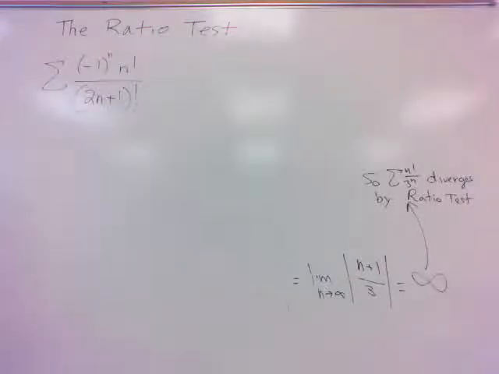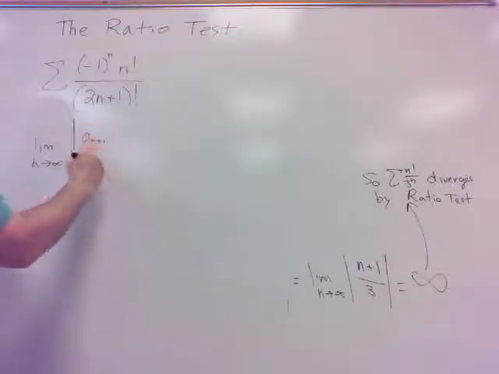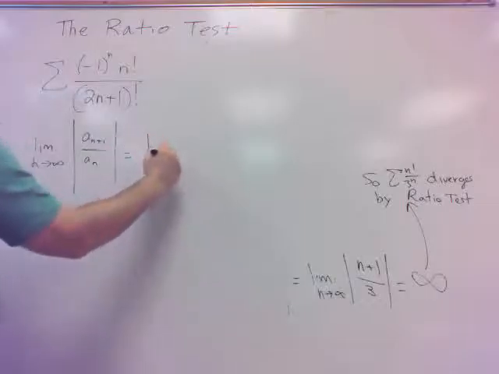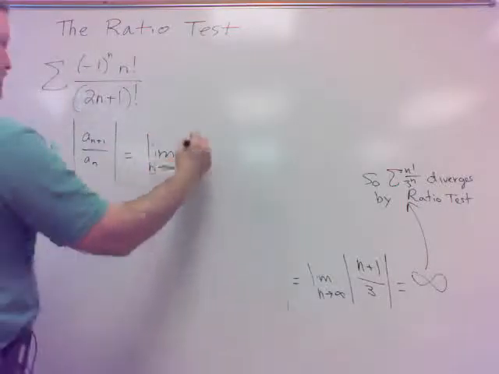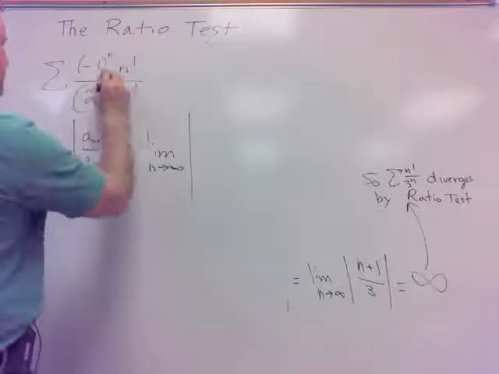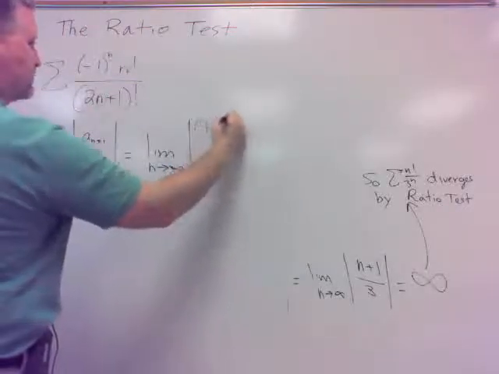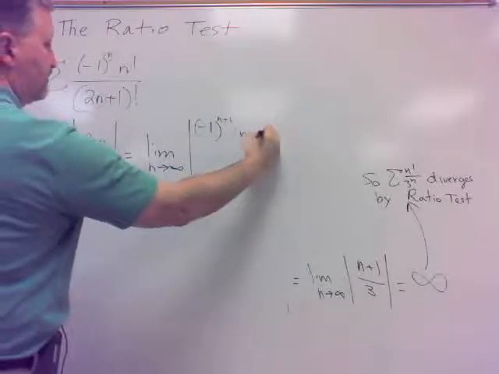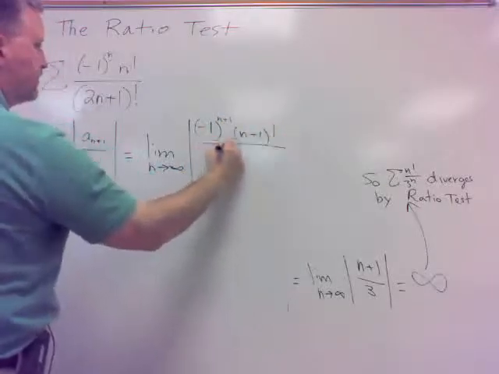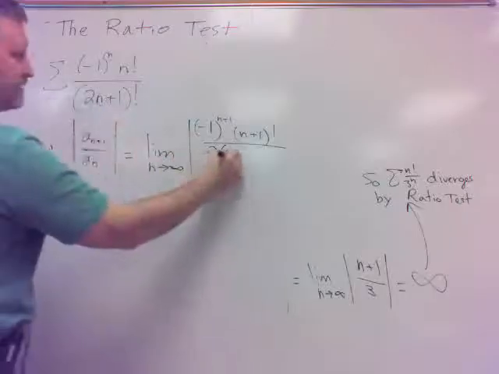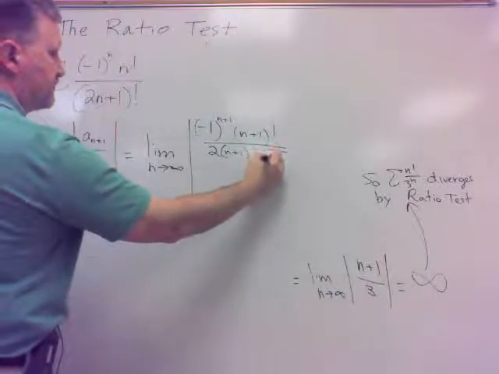Well, first of all, if we look at the limit as n goes to infinity of the absolute value of a sub n plus 1 over a sub n, that's going to be the limit as n goes to infinity of, well, plug in n plus 1 here, here, and here. We get negative 1 to the (n plus 1) factorial over 2 times (n plus 1), factorial.